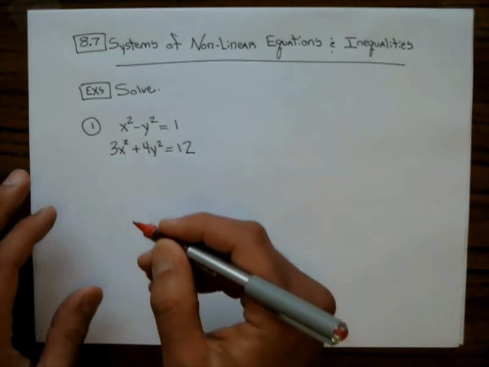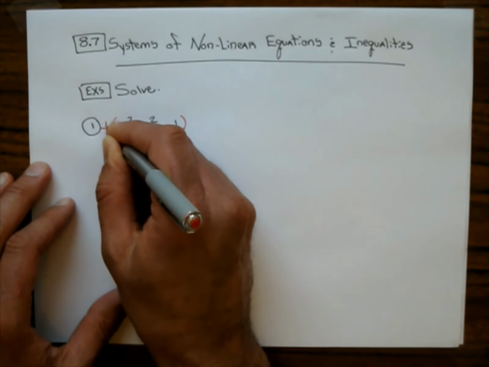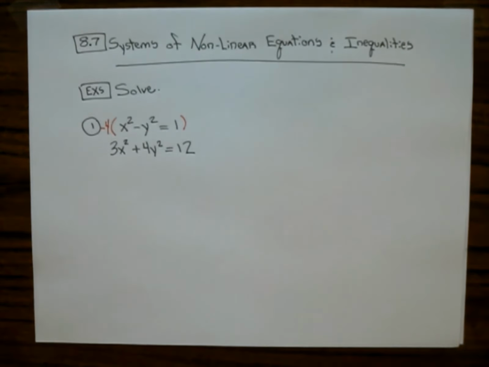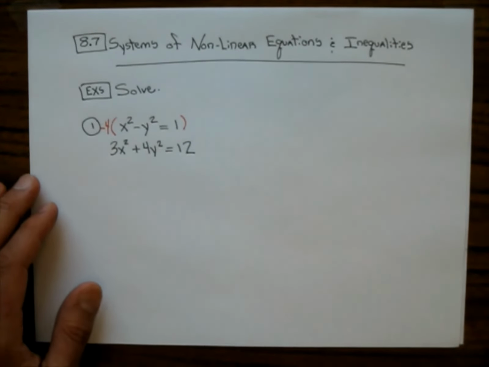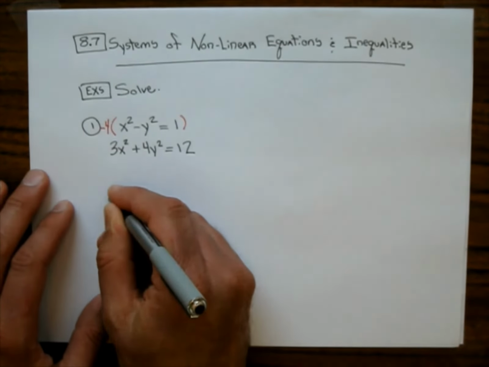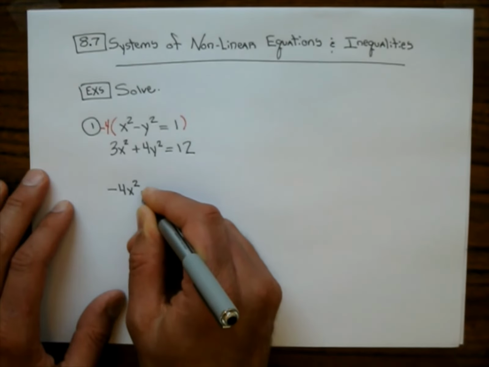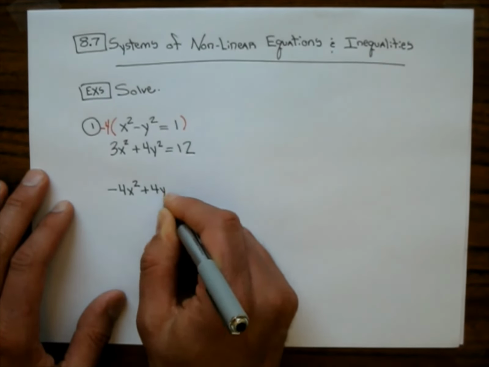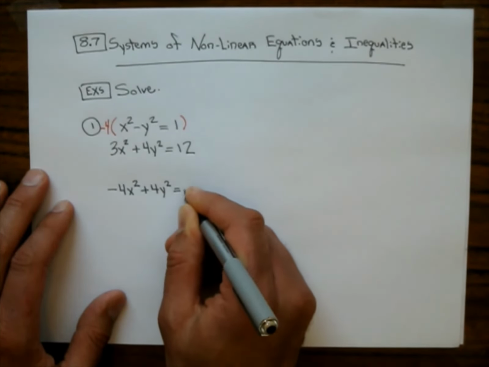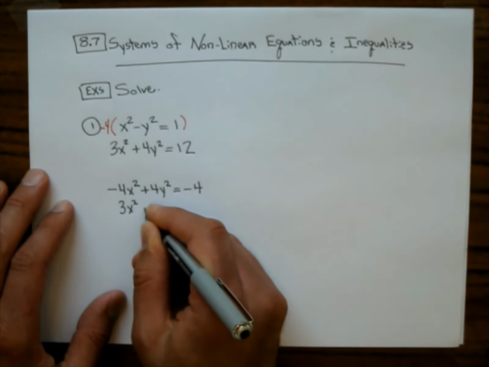So why don't we just multiply the top equation by a negative 4? We are not going to use augmented matrices, because that works for linear equations. So let's write out these two equations again. Negative 4x squared plus 4y squared equals negative 4. And the bottom equation just stays the same.